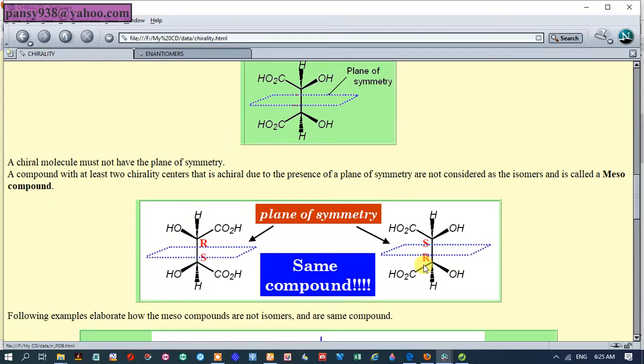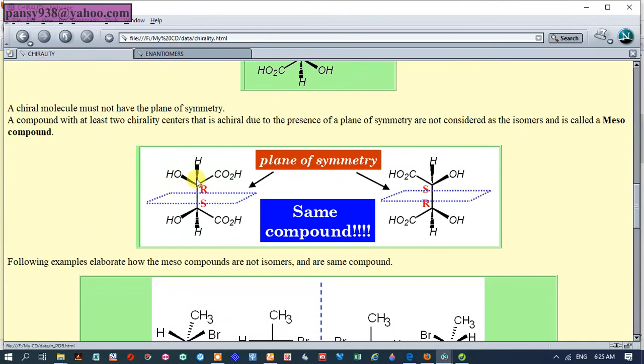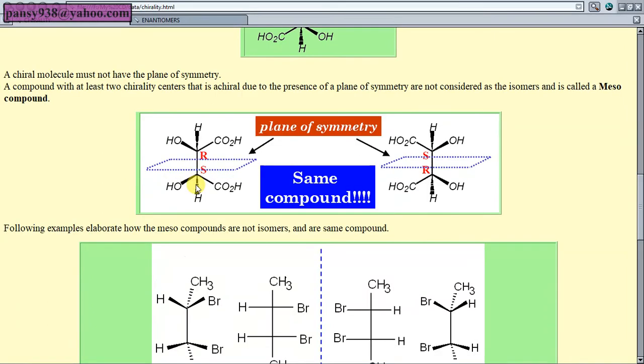For example, in this picture you see that the upper portion of the molecule is a mirror image and the lower portion is also the mirror image of its counterpart.